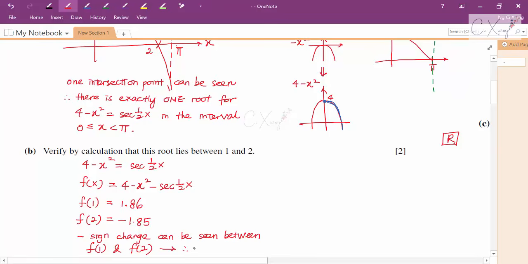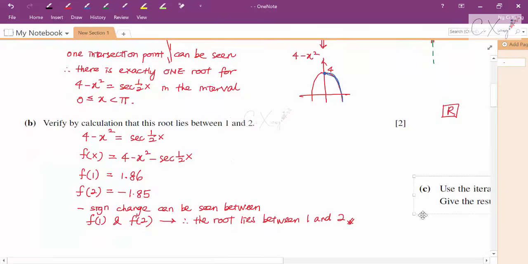And the conclusion is the root lies between x equals 1 and also x equals 2. So it is necessary for us to make the conclusion here. Okay, then now maybe you can proceed to part number C.